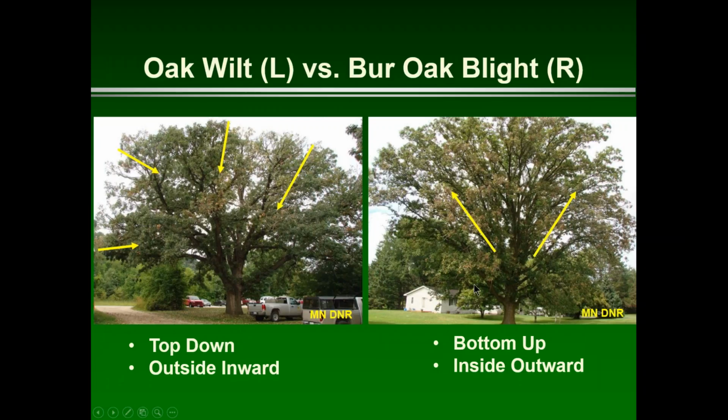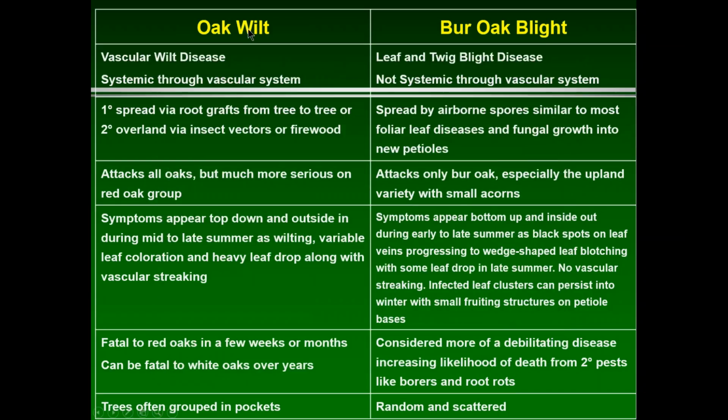So looking at how the disease moves within the tree, or how the symptoms develop within the tree, can give another clue to the difference between oak wilt and Bur Oak Blight when you're just looking at the tree, assessing the visual symptoms. Of course, there are other differences between oak wilt and Bur Oak Blight as well.